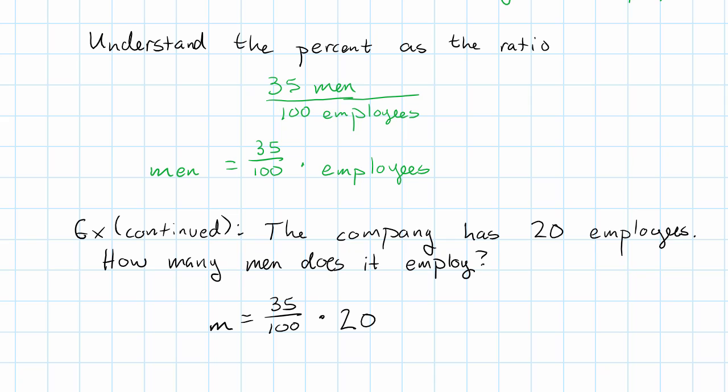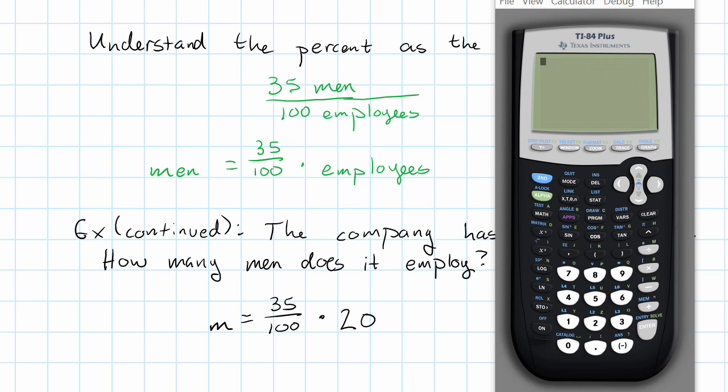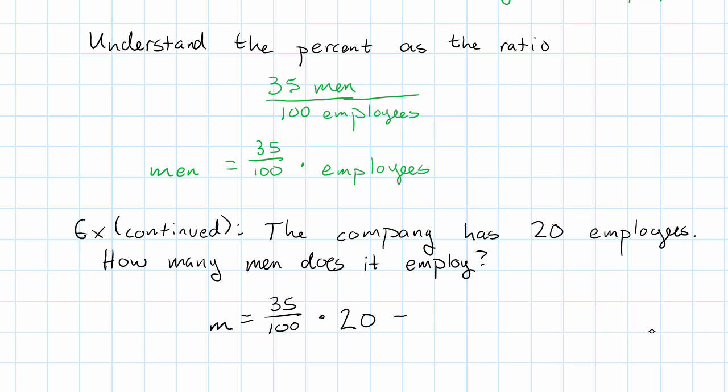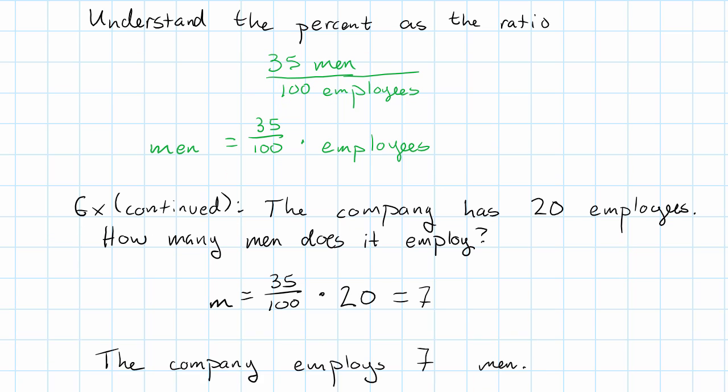We could do that arithmetic by hand if we liked, or we could do it on the calculator. We'll say 35 out of 100 times 20. And we get 7. We conclude that the company employs 7 men.